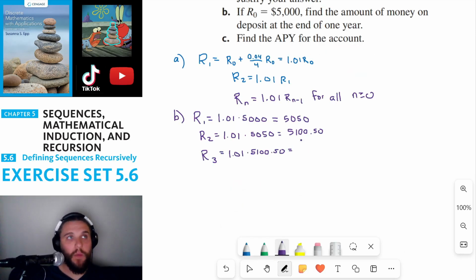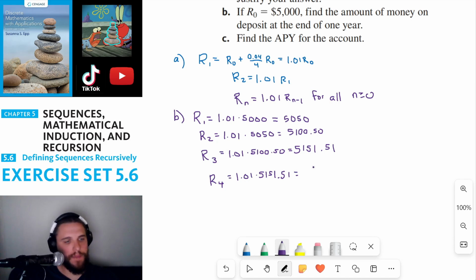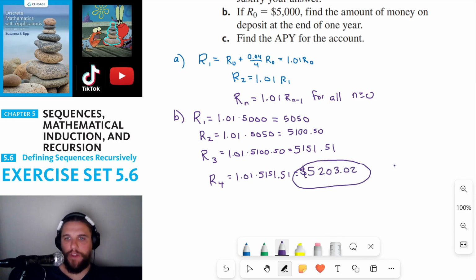R sub 3 is going to be 1.01 times 5,100.5, which is $5,151.51 if they're generous enough to round up. And then r sub 4 would be $5,203.02. And so that's the answer to part B.